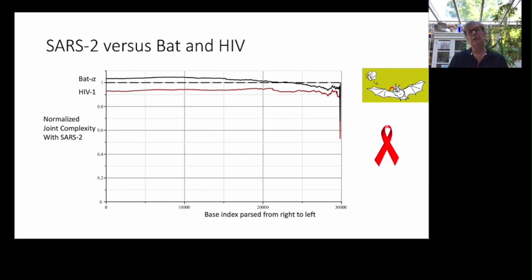So you can see something which looks surprising, but it is possible because the sequences are not random: SARS-CoV-2 is related to the bat coronavirus, but it is subcorrelated with the sequence of the HIV. They are not related. Basically, the joint complexity is less than what would be expected between two purely random sequences.